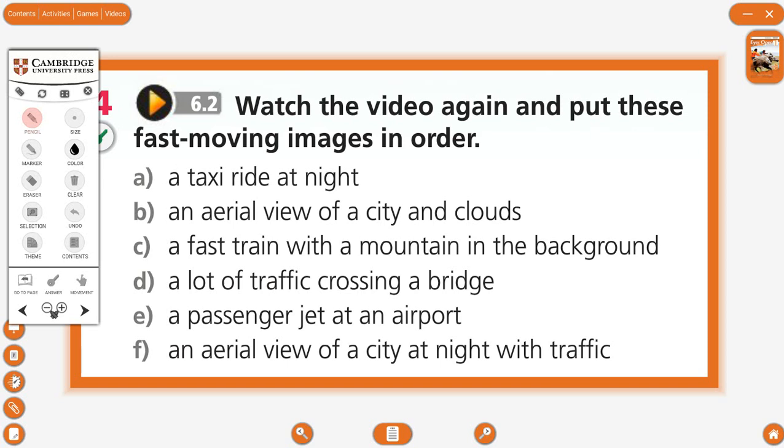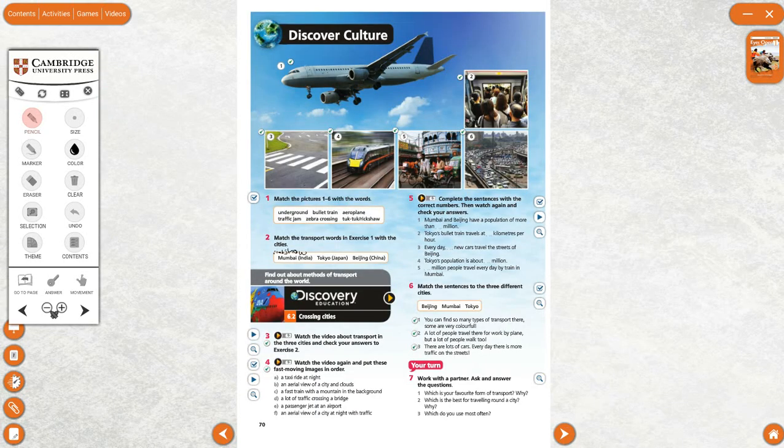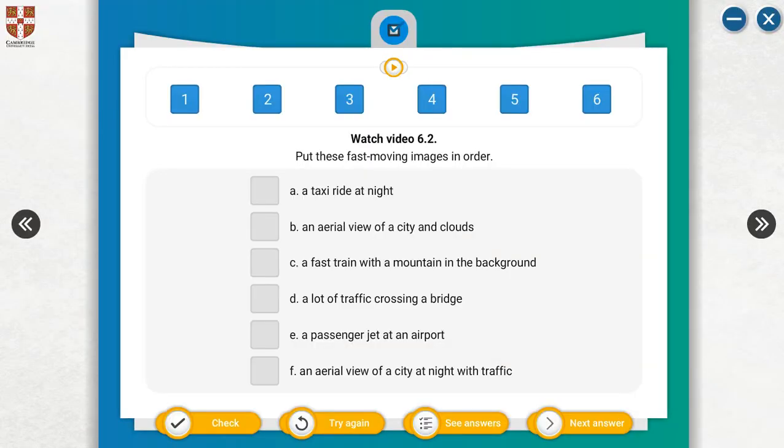If you want, watch the video again. Stop the video and watch the video again. Now, okay. For example, a taxi, number 1. Which one of them is number 1?